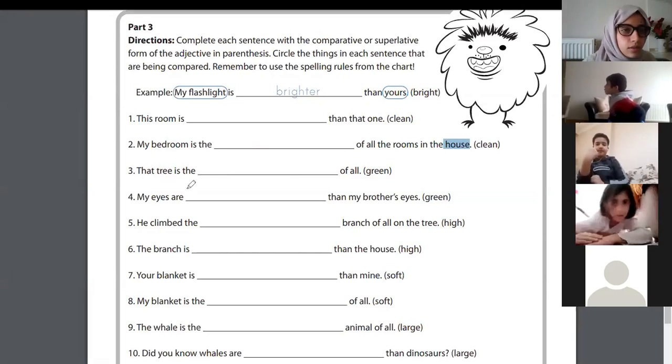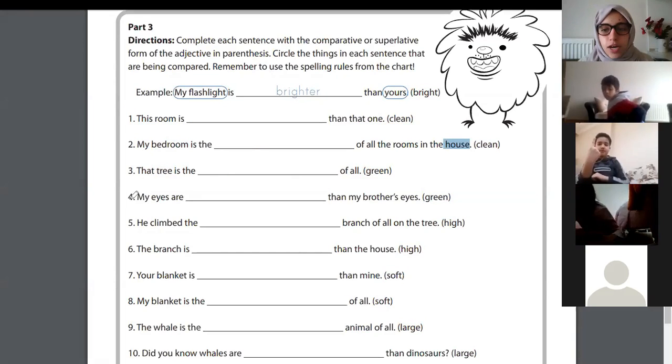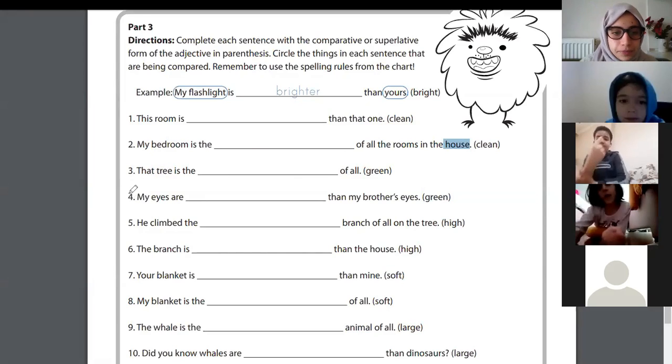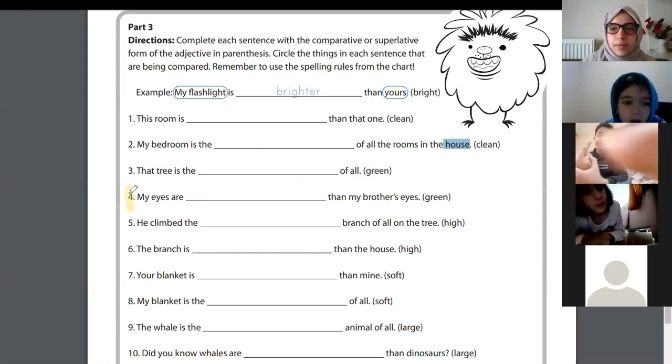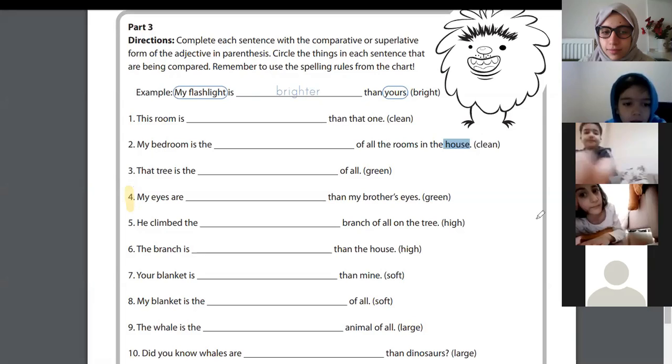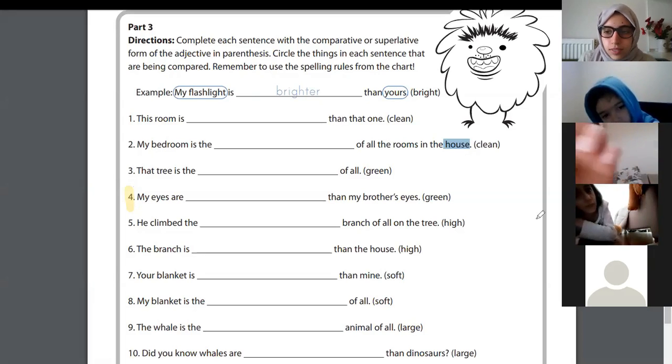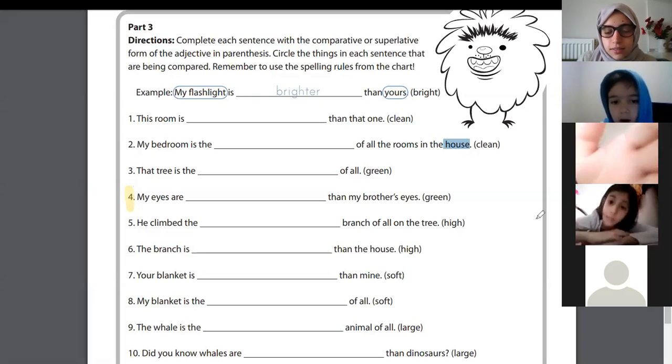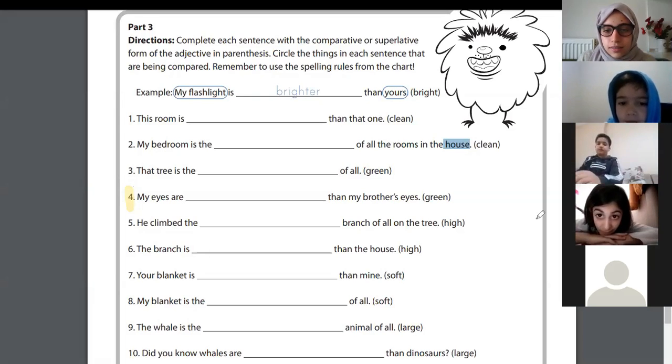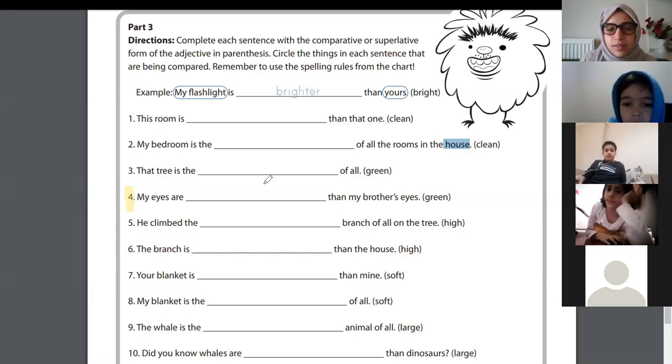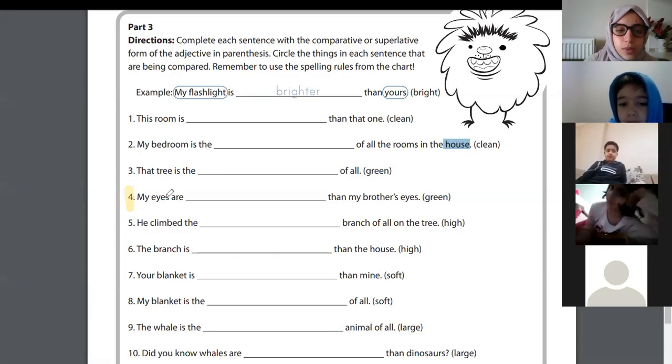Okay. Yamin, can you help me with number 4? Read it, please. My eyes are greener than my brother's eyes. So I'm comparing here between my eyes and my brother's eyes.